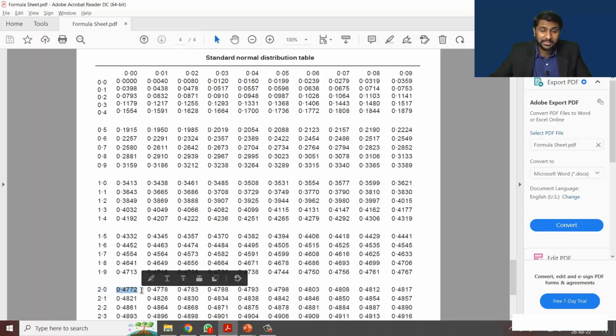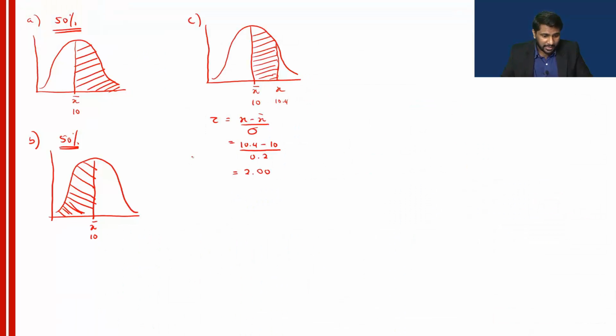Then how much is that? 0.4772. Here I'll write it: 0.4772. What's the meaning of the 0.4772? It is 47.72%.